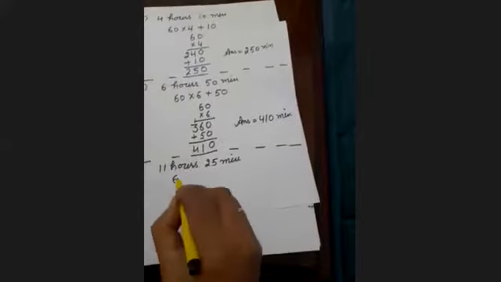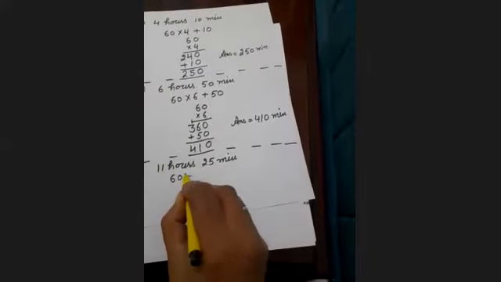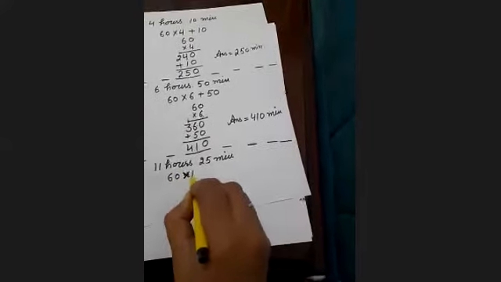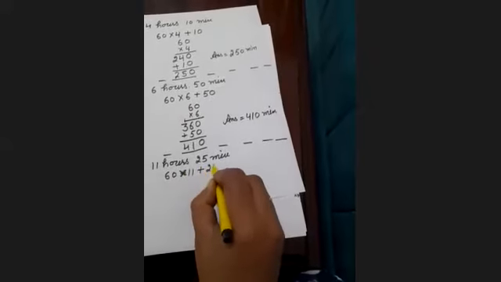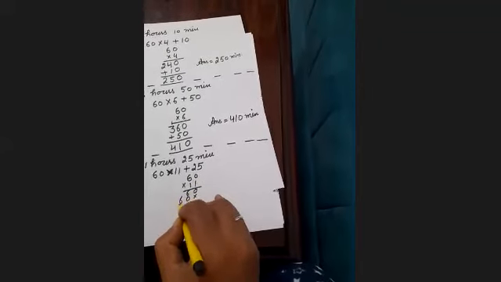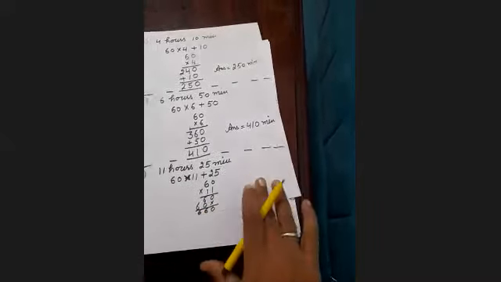60 multiplied by 11, then plus 25. Now students, 60 multiplied by 11, we will get 660.